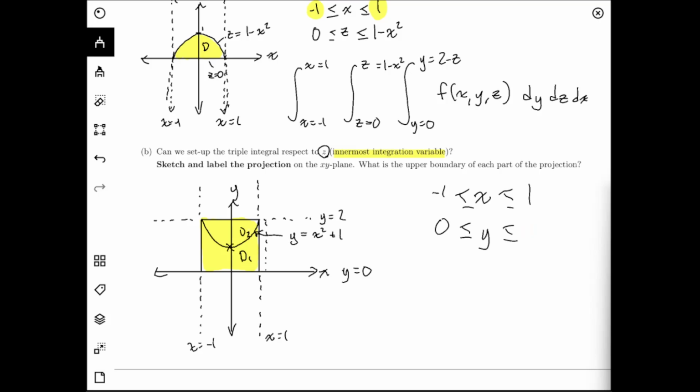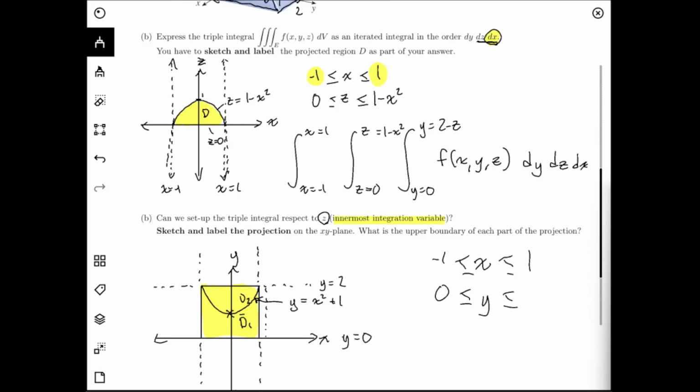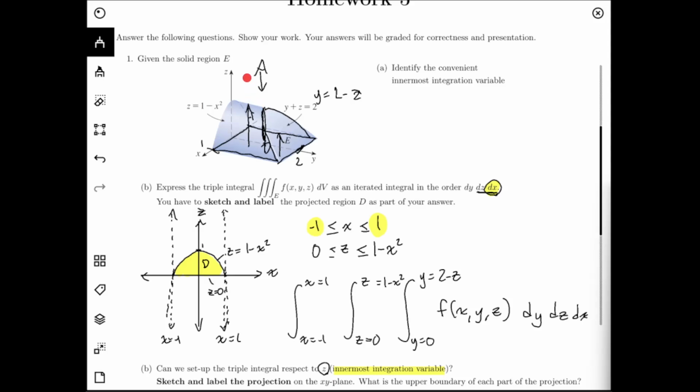We know that this intersects right here at 0, 1, because if we look up here, that's where this plane ends up intersecting this function. This comes up to a height of 1, this comes out here 2, the horizontal plane intersects up here, so halfway in the middle, and that's 1.